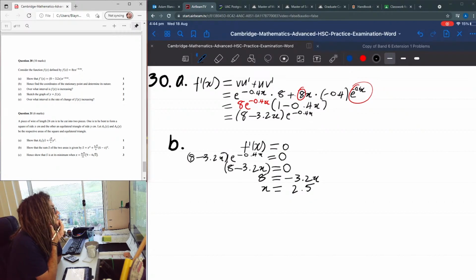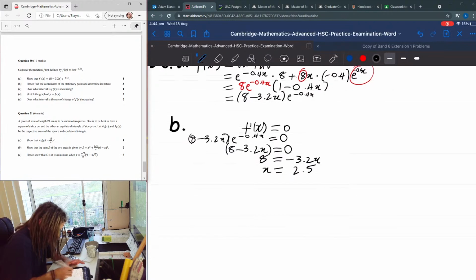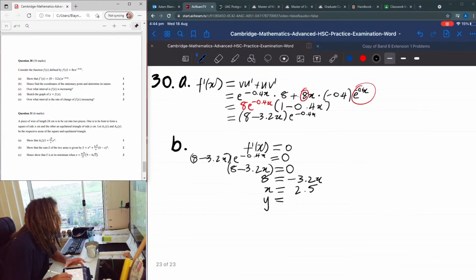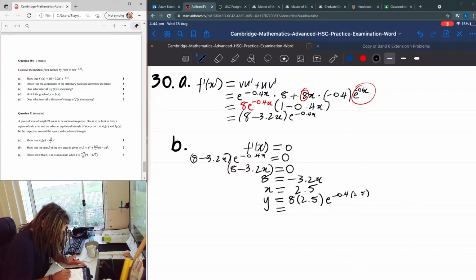What does it want? Hence find the coordinates of the stationary point. Okay, so when x is equal to that, y is equal to, so I need my original function, which was 8x e to the minus 0.4x. Okay, that's equal to, that thing there is 2 times 8, and then times by 4, that's 20.